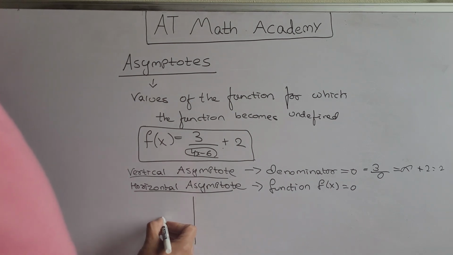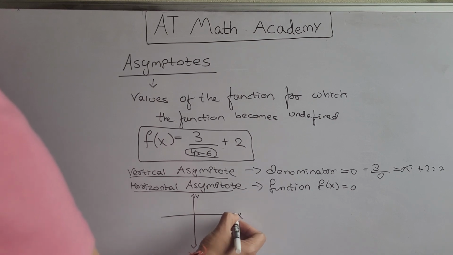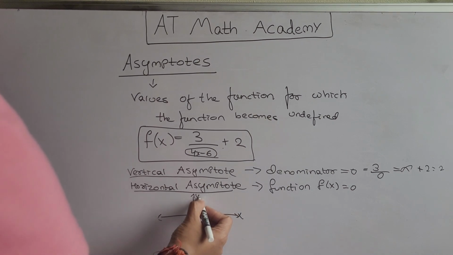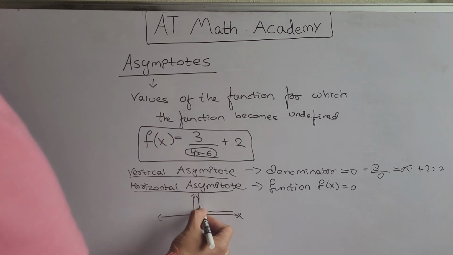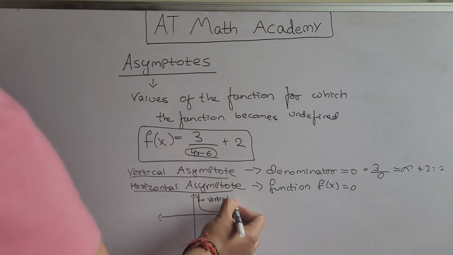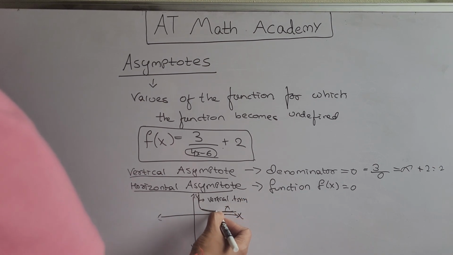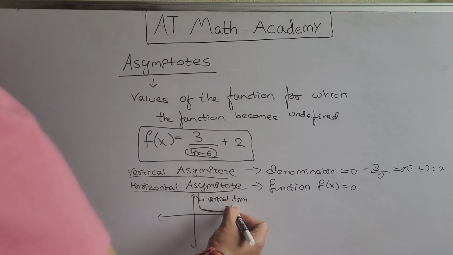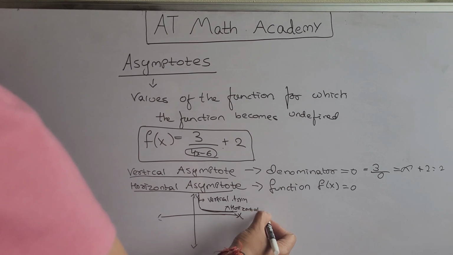Here, for the graph on the x and y axes, if the function is like this, which means for all the y values the graph is going upwards like this, this is called the vertical asymptote, and over the x-axis this is becoming undefined, so this is called the horizontal asymptote.